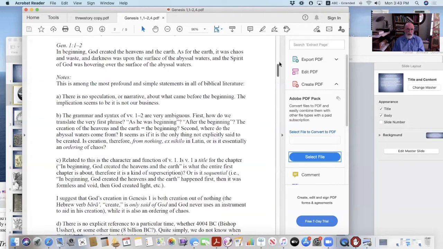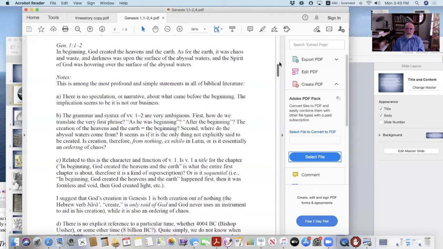First, God bara, the Hebrew verb used 3 times in Genesis 1, is bara, to create, but bara occurs 54 times in Scripture, and it is only used of God's creative activity, never of a human. First of all, so only God can do it.